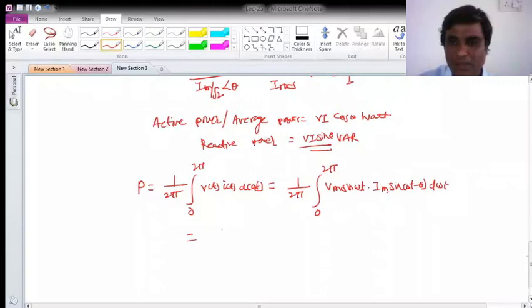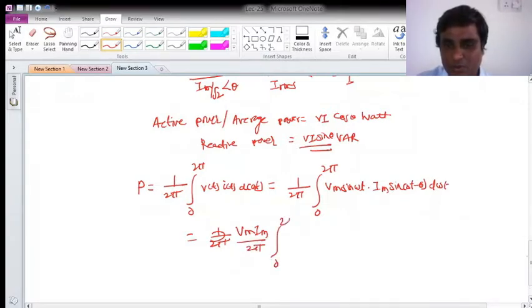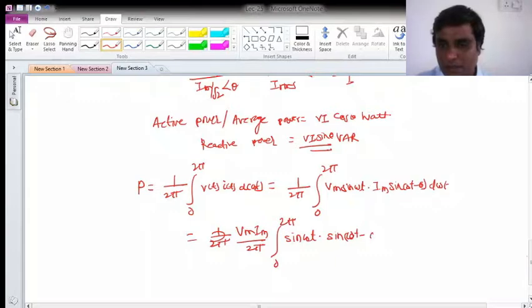And this will be 1 over 2 pi, Vm Im, integral from 0 to 2 pi of sin omega t into sin omega t minus theta d omega t.